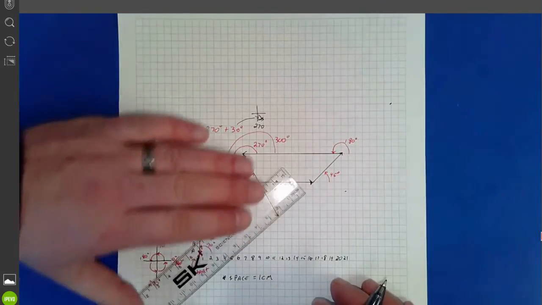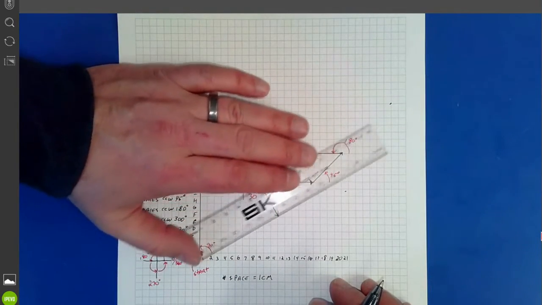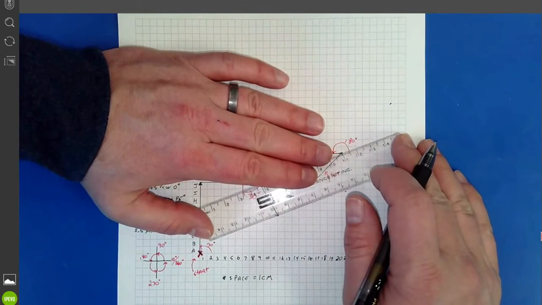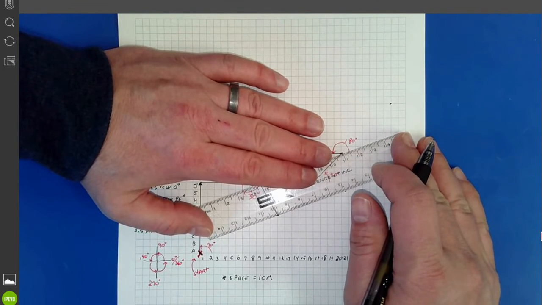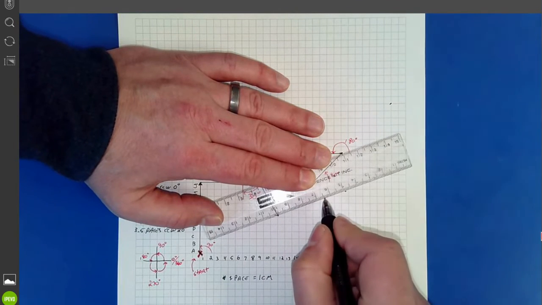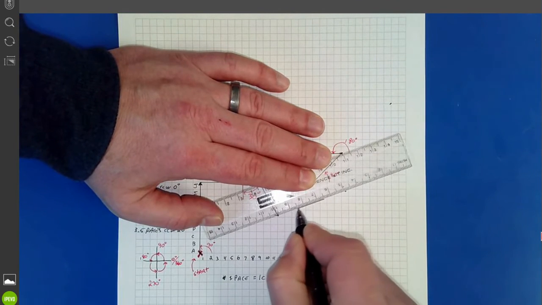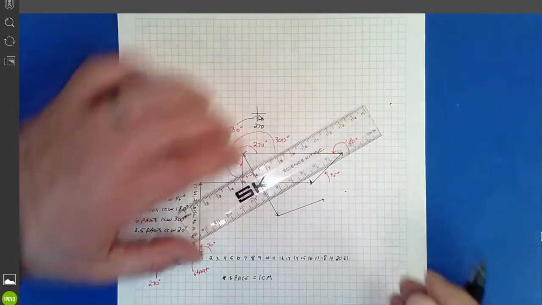And I need this to be 3.5. 1, 2, 3.5. It's right there.